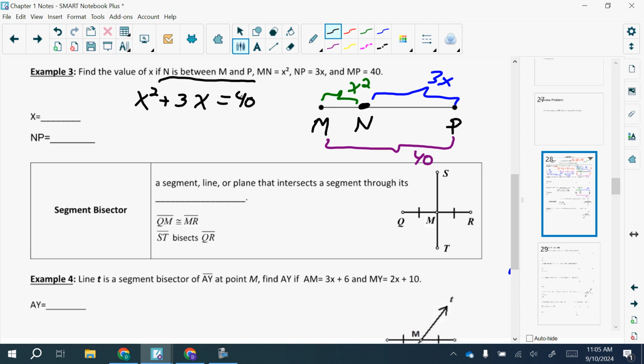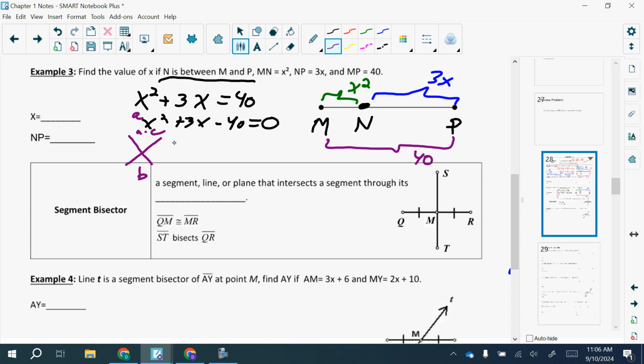So this is a quadratic. To solve this, you're going to have to factor. So we move the 40 to the other side. So minus 40 equals 0. Now to factor, I like the x method, so I draw this x. I put a times c here and b here. A, b, and c represent the first, second, and third coefficient.